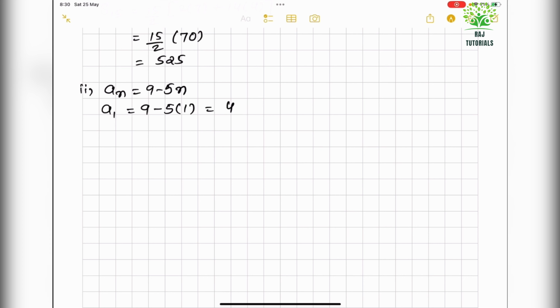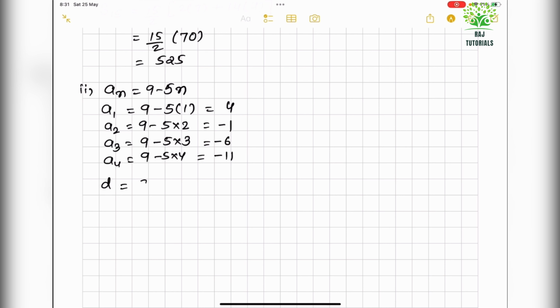So that will be 4. a2 will be 9 minus 5 into 2, so 9 minus 10, so minus 1. a3 will be 9 minus 5 into 3, so 9 minus 15 will be minus 6. a4 equal to 9 minus 5 into 4, so minus 11.